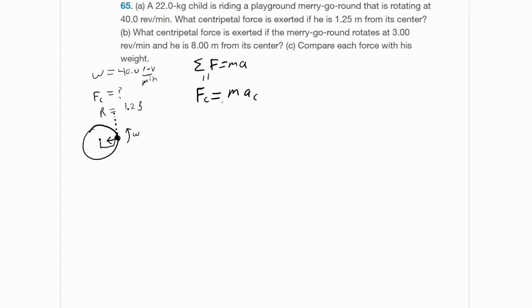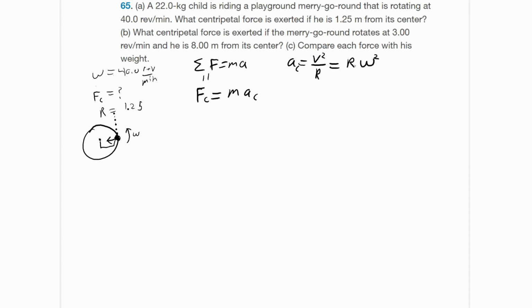Let's see what we can go from there. So we have the centripetal acceleration. We have, in fact, two formulas for that. We have v squared over r, where v is tangential velocity. And it also equals the radius times omega squared, where omega is the angular velocity.